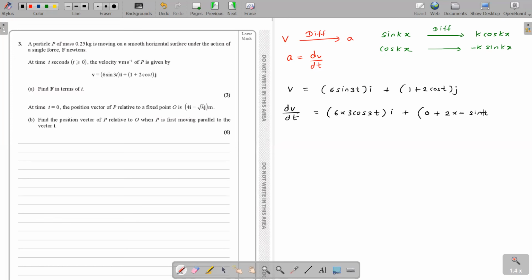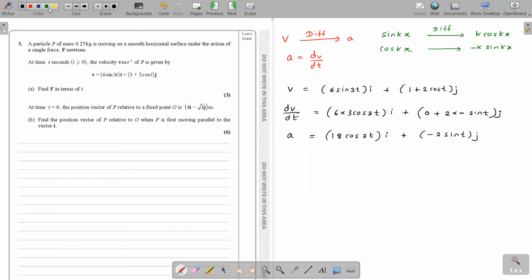This is with j. We can multiply 6 and 3 and we get 18 cos 3t i. And over here I get minus 2 sin t j. Okay, so this is what I get.